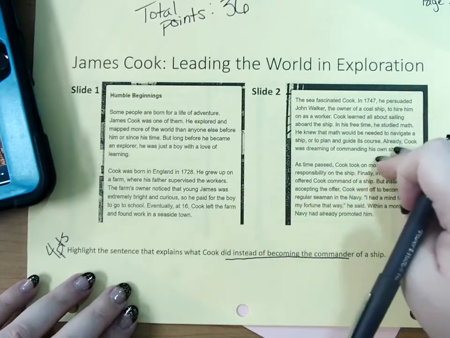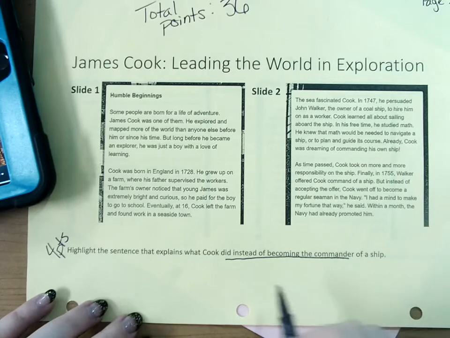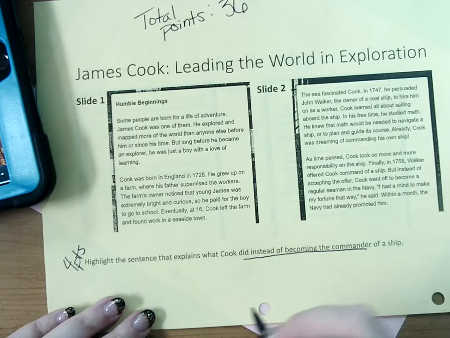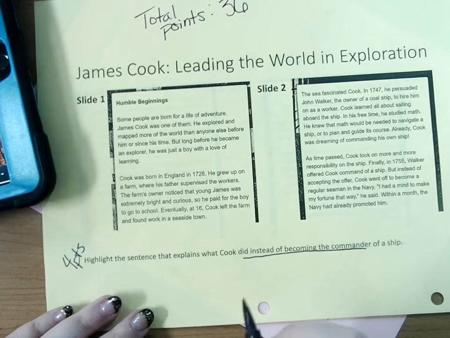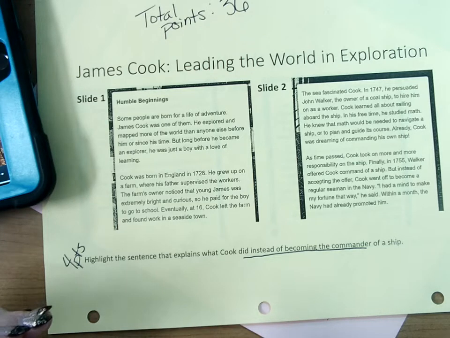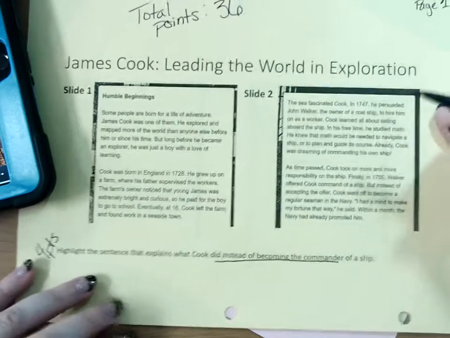You've already read these 2 pieces of text. So now you're looking for what he did instead of, you know, keywords that mean that, in lieu of, despite wanting to do something, instead, he did this. Something like that.